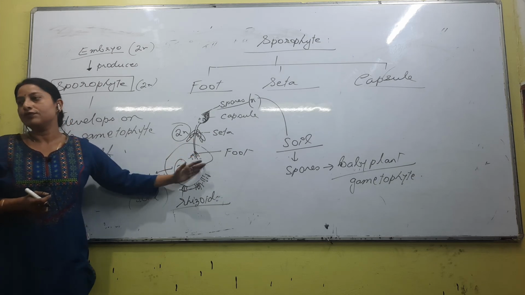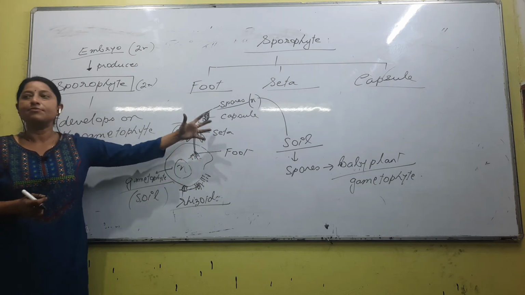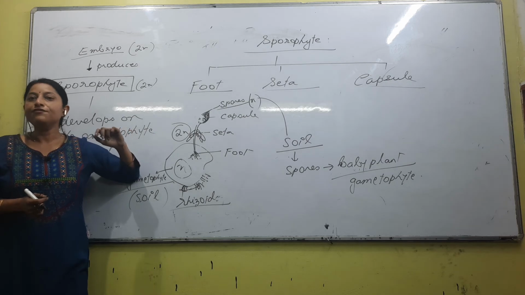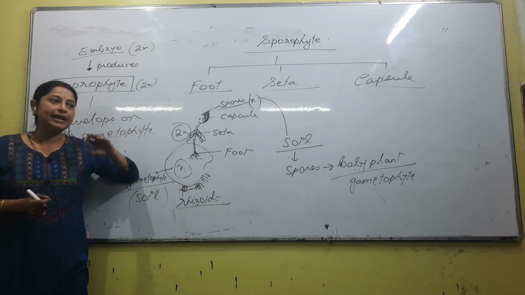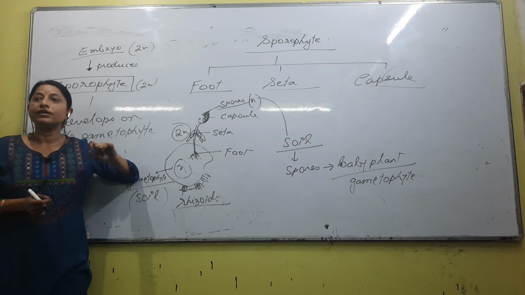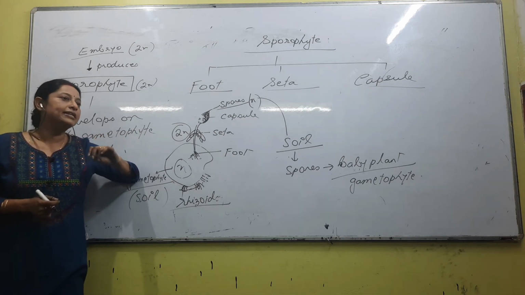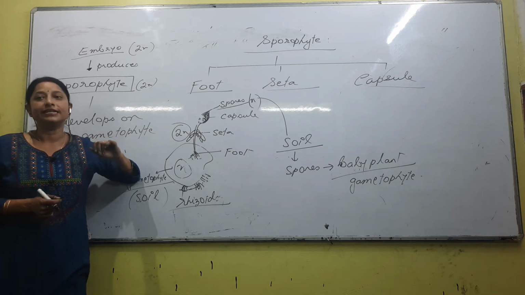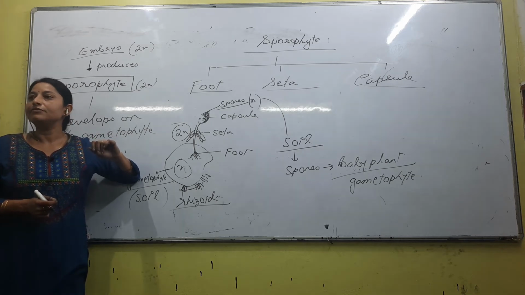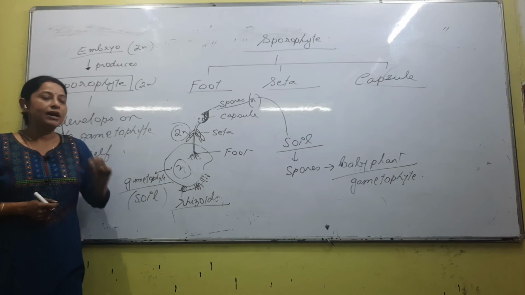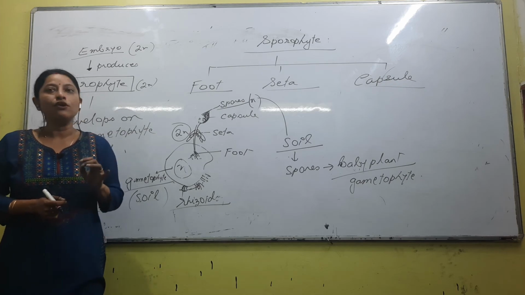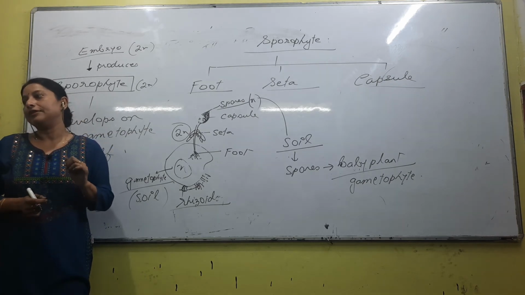They take water from the gametophyte and make their own food, okay? So if food and water both are absorbed from the gametophyte we use the word completely dependent; if it is only water for which they are dependent on the gametophyte we use the word partially dependent. So there are certain examples of bryophytes which are partially dependent on the gametophyte or completely dependent on the gametophyte.